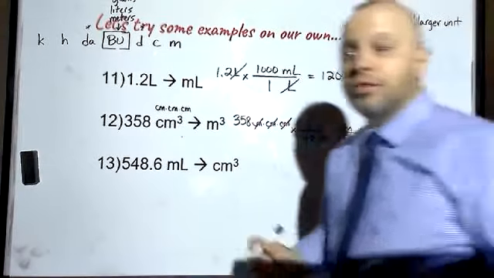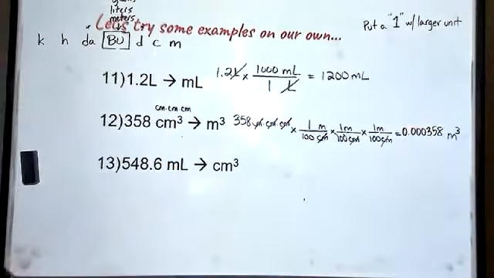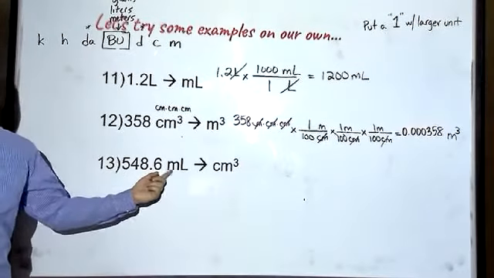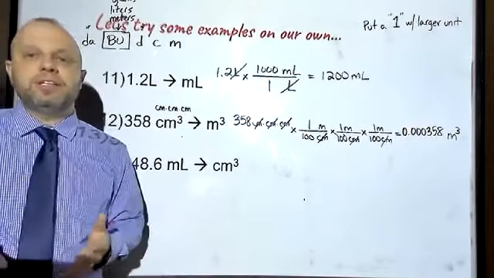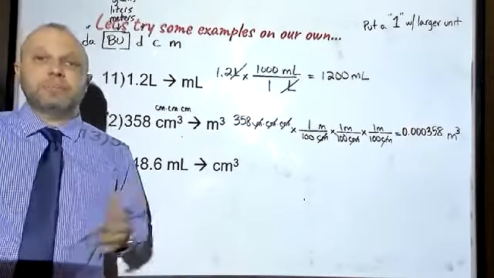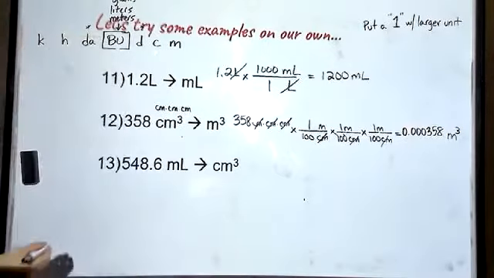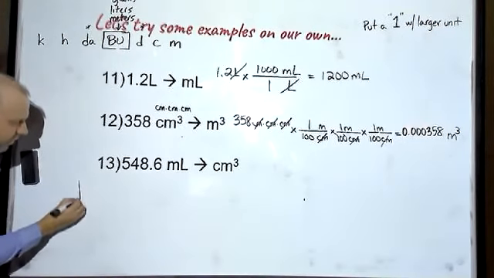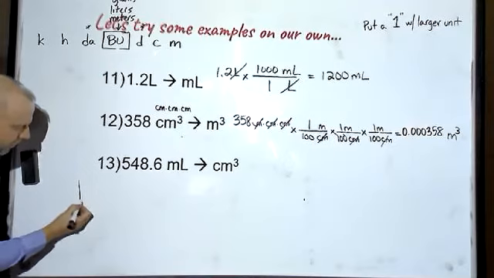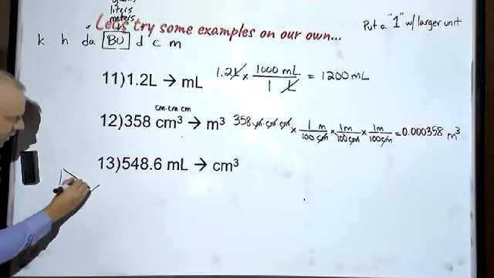And finally, for the last problem here, if we have something that is in milliliters, and we're going to see this again when we do our density lab next week in cyber chemistry. So if you have a volume that is in milliliters and you have a cubic unit, think about a little cube that looks like this.